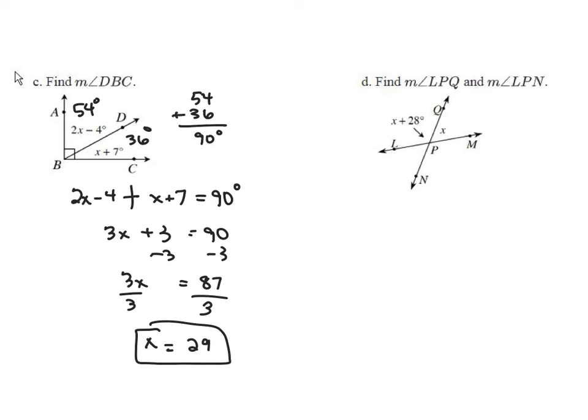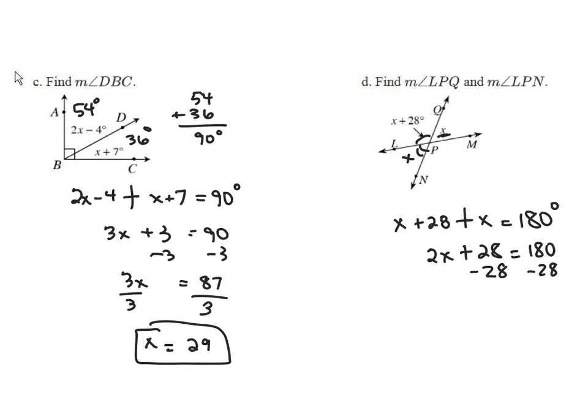Here, I know LPQ is this big angle, and LPN is right here. And it says, what do I know? Well, I know that if this is x, then this also has to be x because they're vertical angles. So I know x plus 28 plus x is equal to 180 degrees. So 2x plus 28 equals 180 degrees.